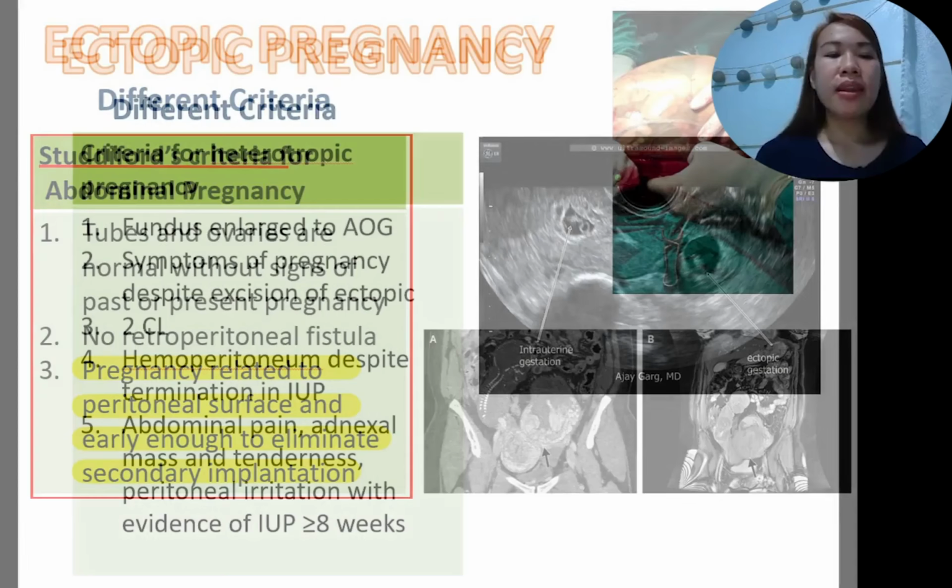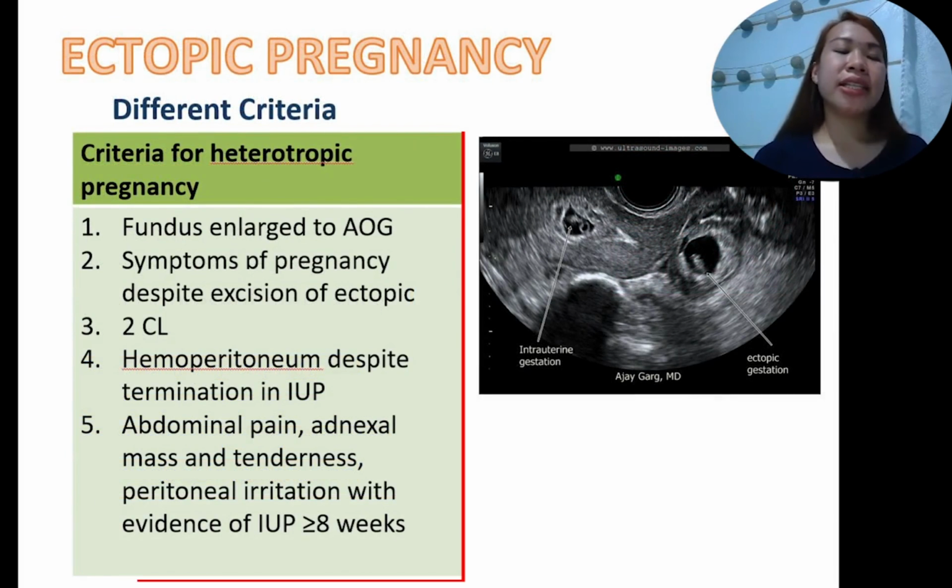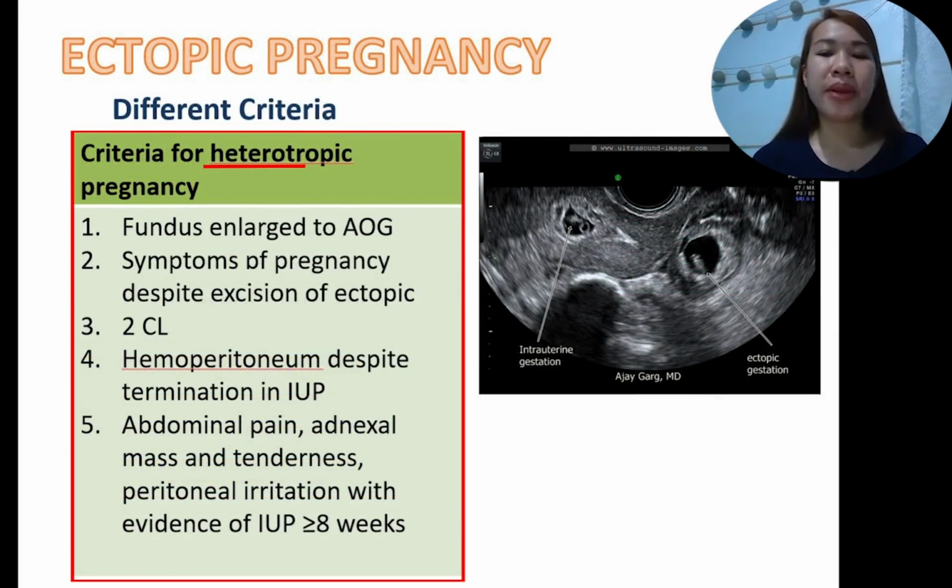The last criteria is the criteria for heterotopic pregnancy. This is very interesting class, and I have seen one case at the time that I was having also my duty. So when we say heterotopic, topic means location, hetero means different location, meaning we have multiple pregnancy with different locations.